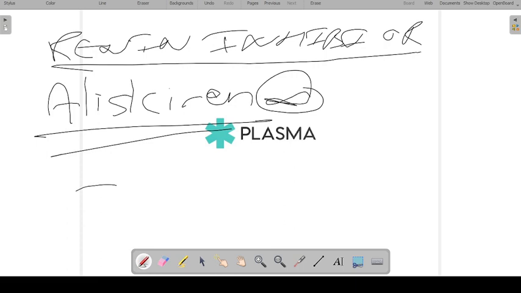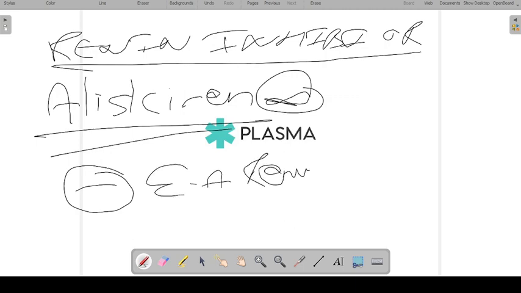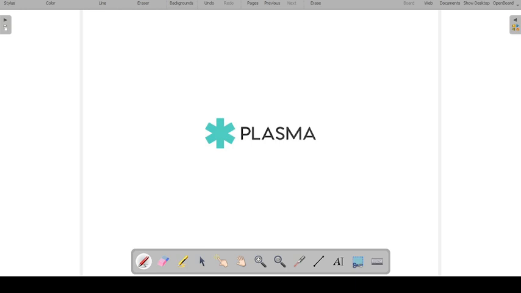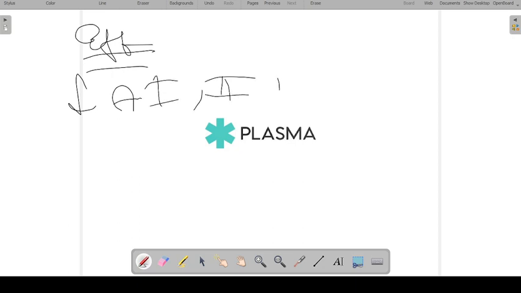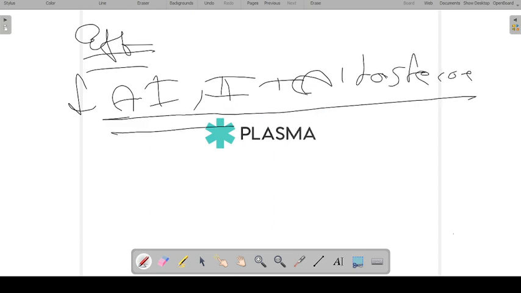Its mechanism of action is that it inhibits the enzyme activity of renin, and its effects: it reduces angiotensin 1 and 2 plus aldosterone. Clinical application is in hypertension.